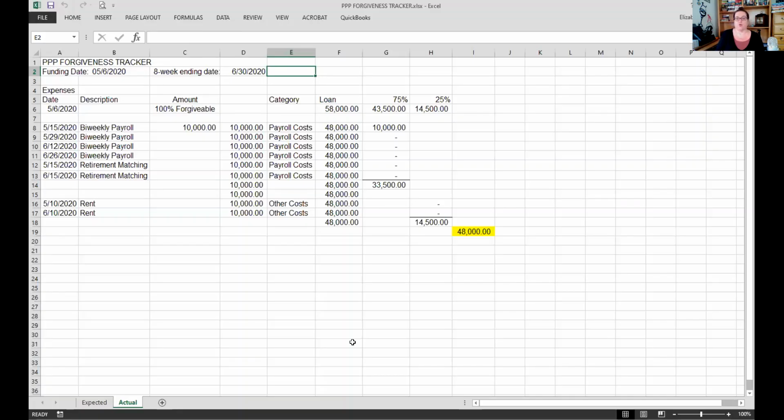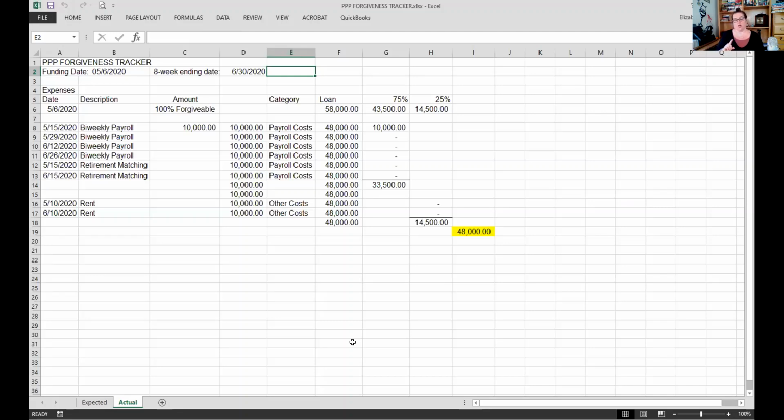At some point, they are going to say, okay, what are your FTEs for these 8 weeks? And what are your FTEs for February 15th, 2019 through June 30th, 2019, or January 1st, 2020 to February 29th, 2020? I think that's going to have to come at the forgiveness point.